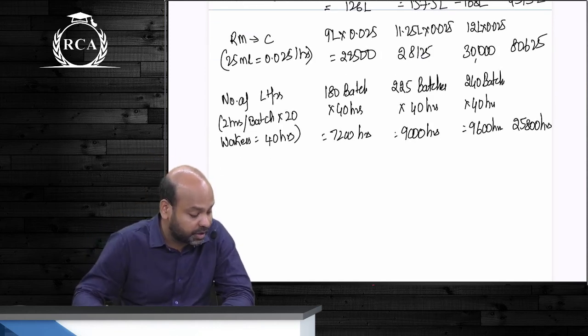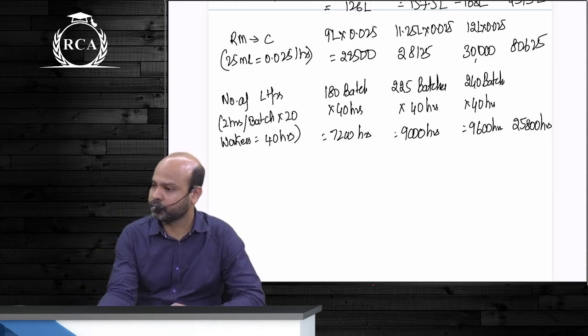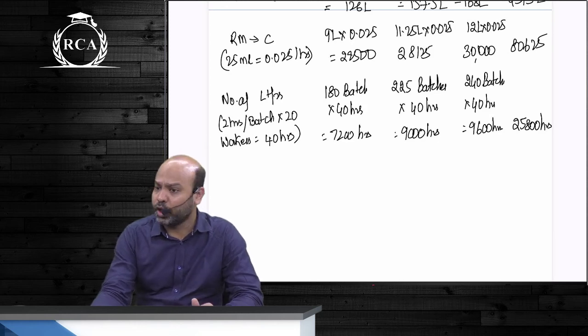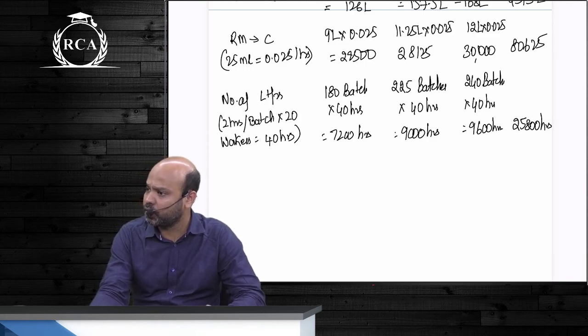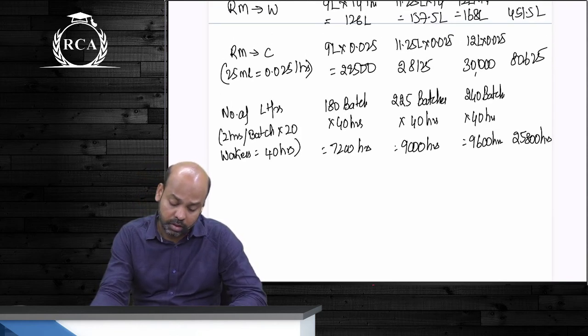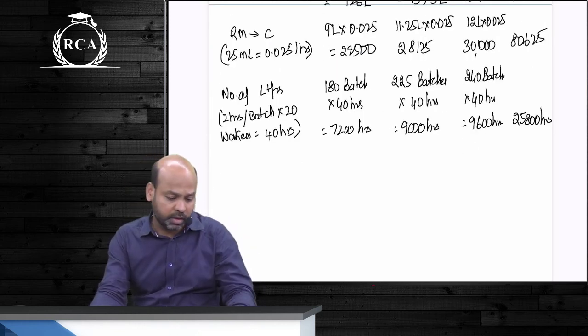Is there any other calculation that you are left with? Can we start with the profitability statement? Guys, I'm not going to present profitability per bottle for each category, but I'll directly present overall profitability. Finish off this number of labor hours also, guys, then we'll write profitability.